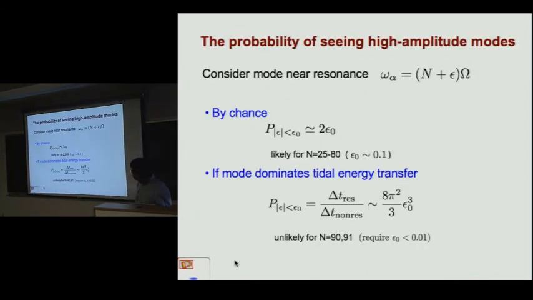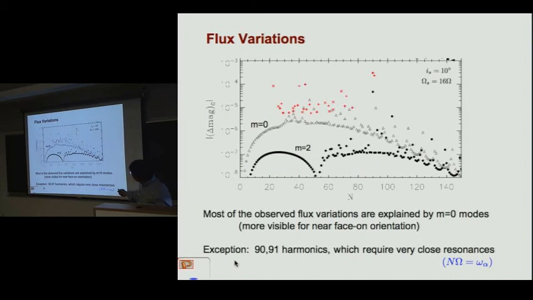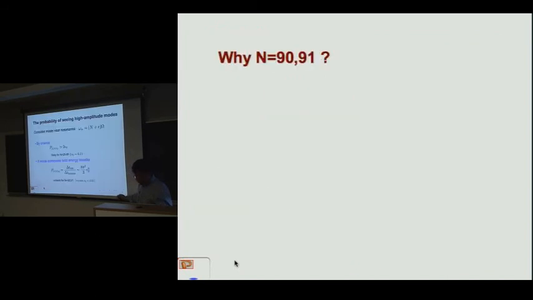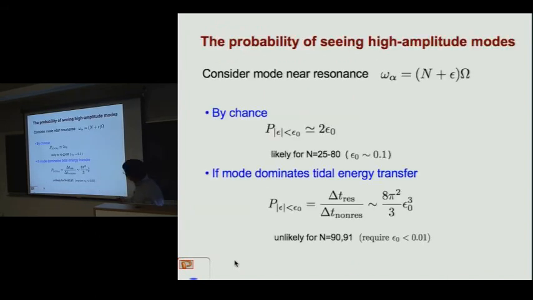The exception is 90 and 91, because they have very high amplitude, so high that the mode energy is actually large. This mode has large energy, so what's happening is that you're transferring energy from the orbit to the modes. In that case, the orbit is decaying.